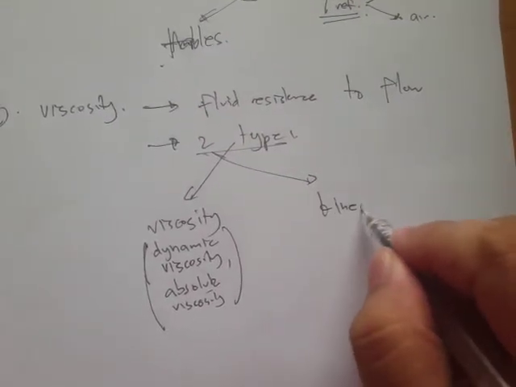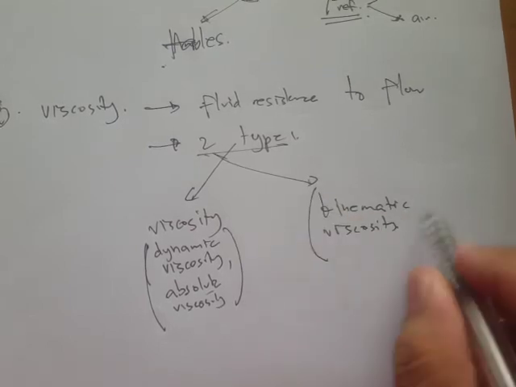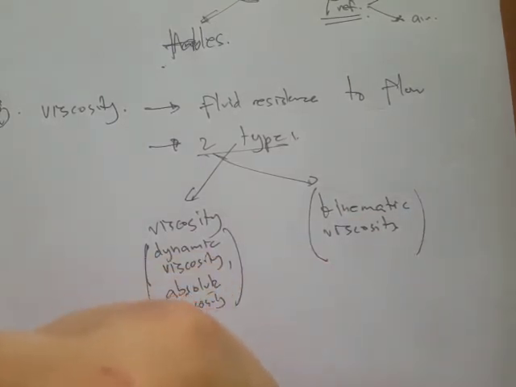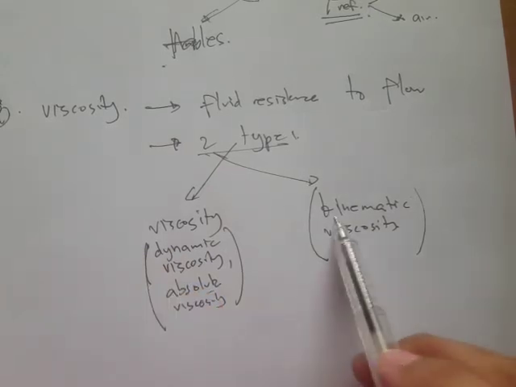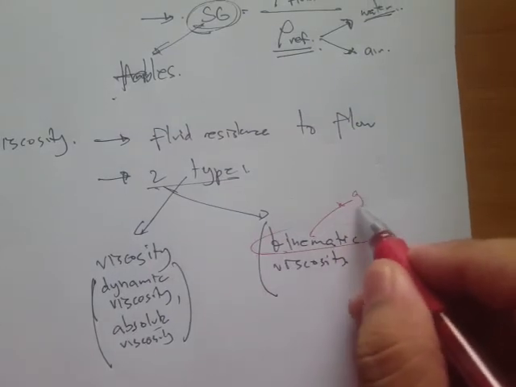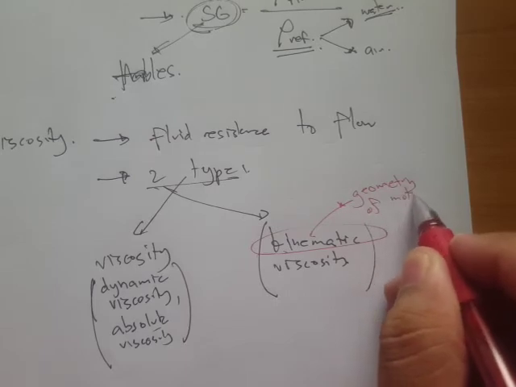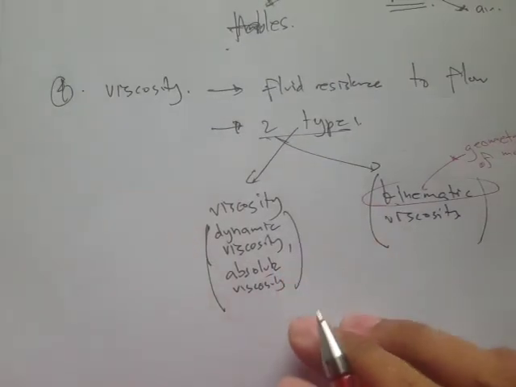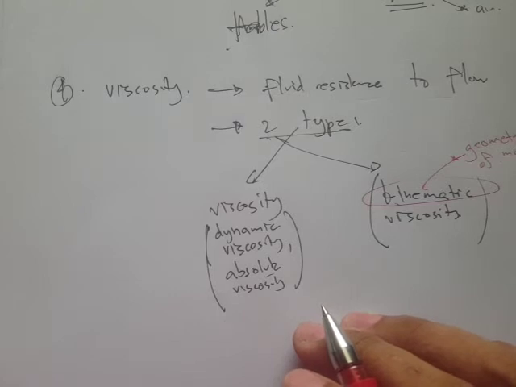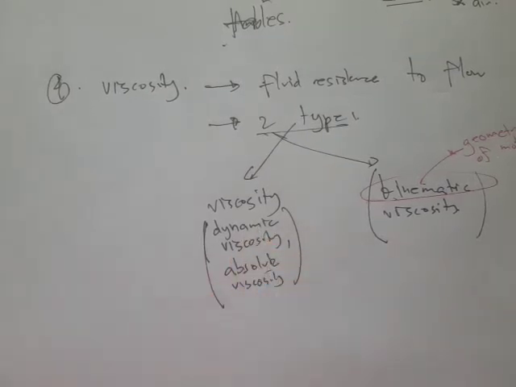And then this one we have kinematic viscosity. Okay, so if you recall in your subject in dynamics, when we say kinematics, it all refers to just the geometry, right? The geometry of motion. Whereas this one, dynamic, or let's say kinetic, it's more on the involvement of forces or the mass.